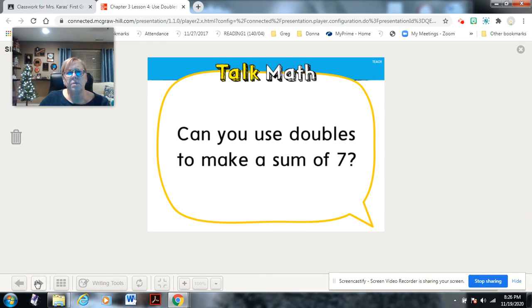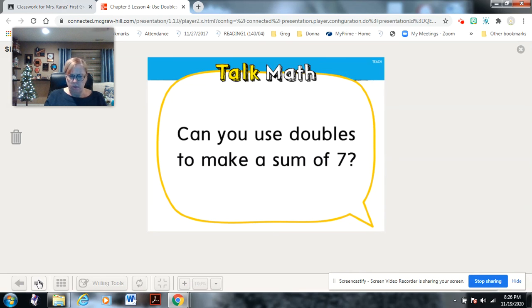Can you use doubles to make a sum of 7? Well, let's see. We said that 2 plus 2 is 4, right? We did that one. We said that 3 plus 3 is 6.